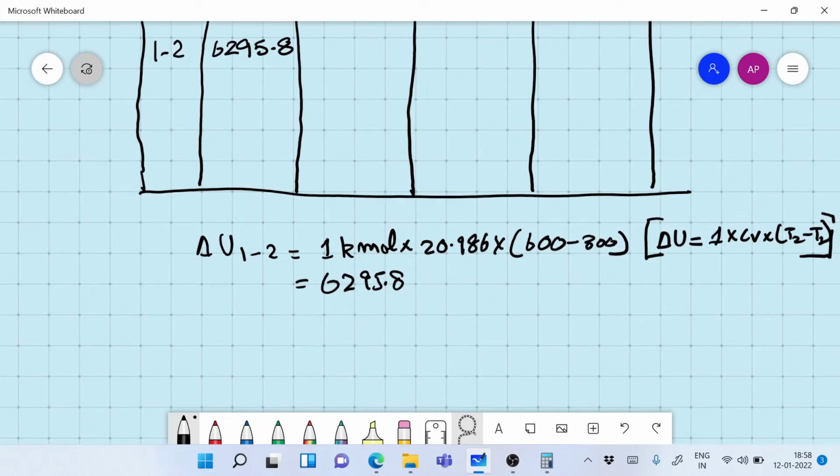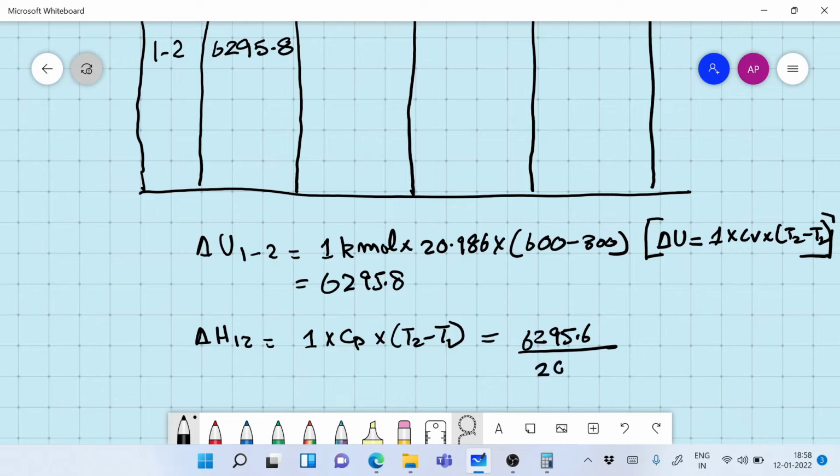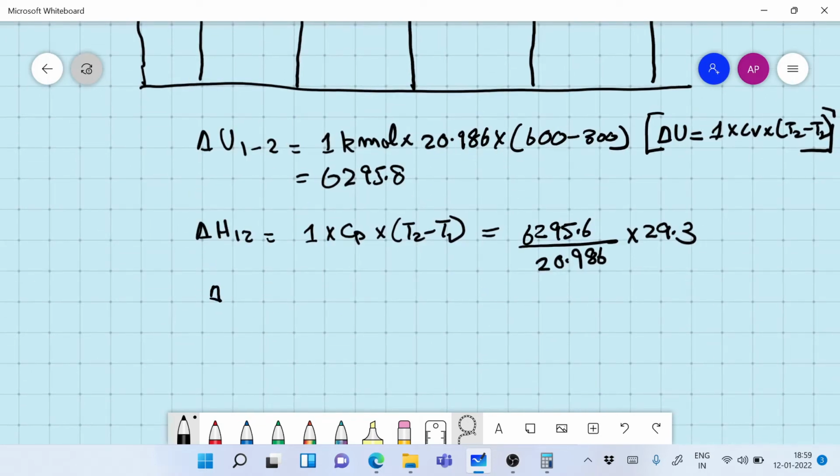Now delta H12 will be equal to 1 into Cp into T2 minus T1. We already have the result for delta U, which is 1 into Cv into T2 minus T1. So we take 6295.8 divided by 20.986 and multiplied by 29.3 to avoid a lot of calculation steps.